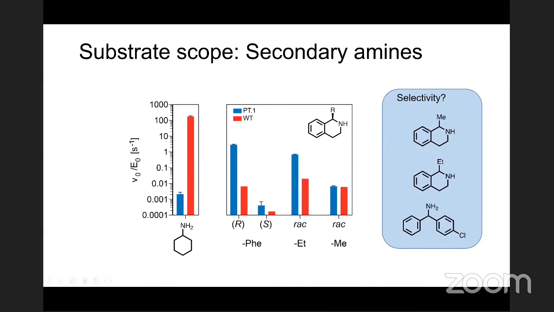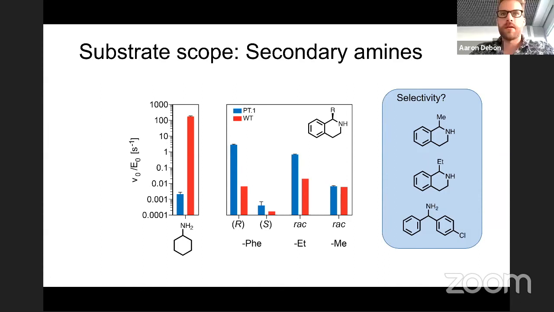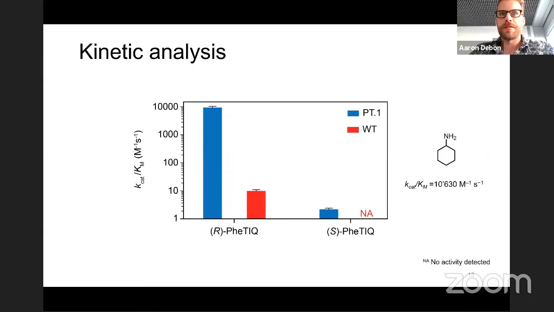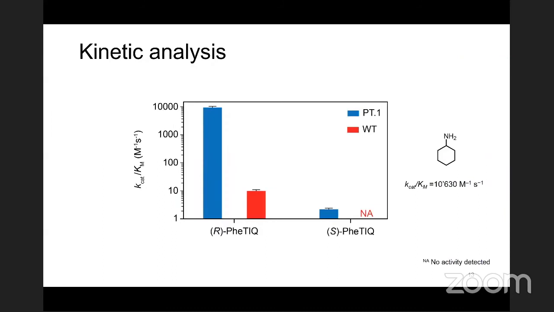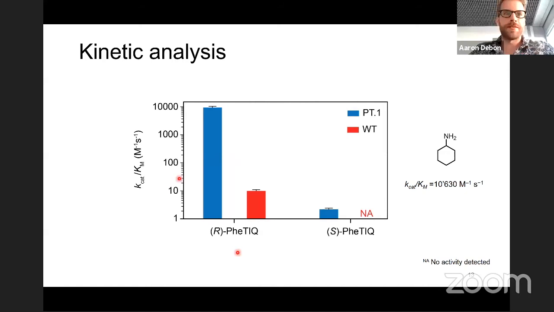So let me understand. You had pure enantiomer, which you compared with your reaction mixture, right? Yeah. Well, in this case, we had pure enantiomers, so we could analyze the kinetic variable for both of them individually.